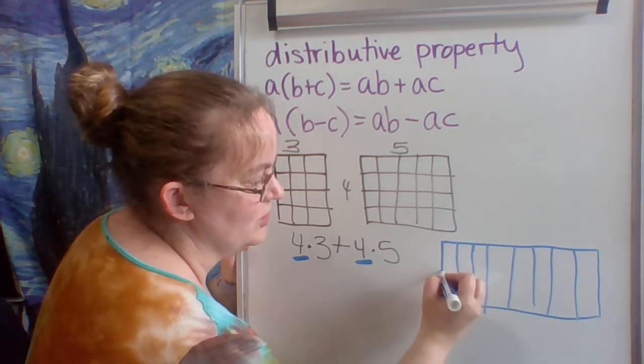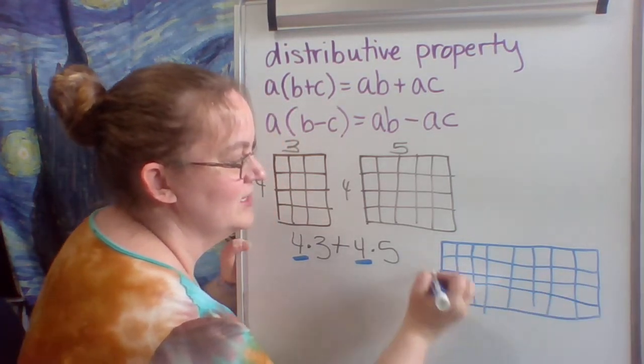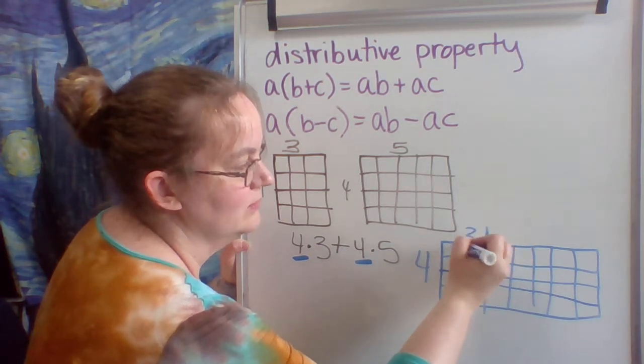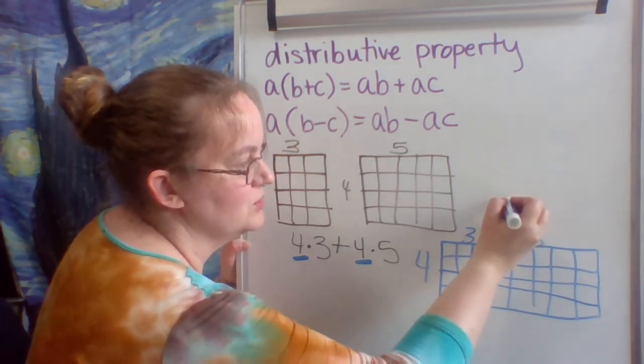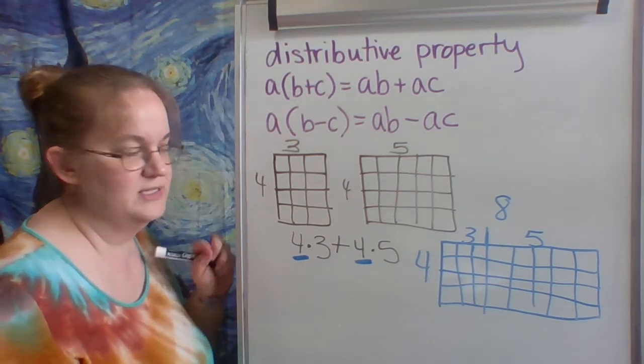Where this side is 4, and then I've got the 3 and the 5 together for a total of 8. And I could treat it like one giant rectangle instead.